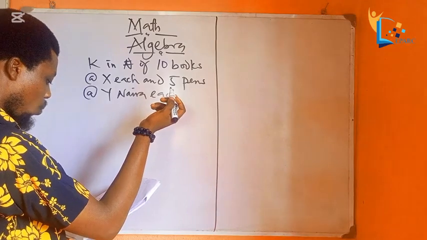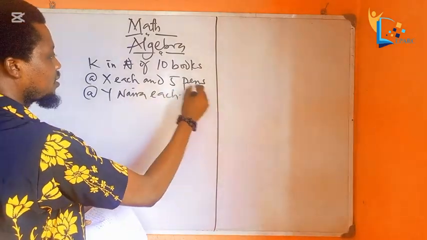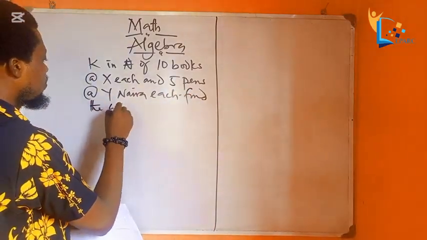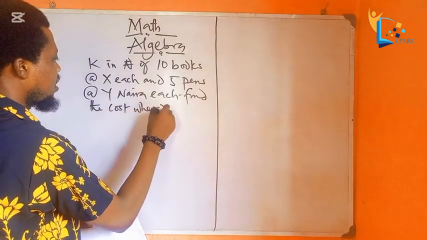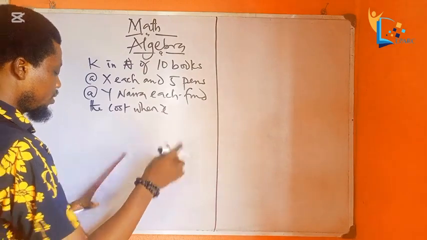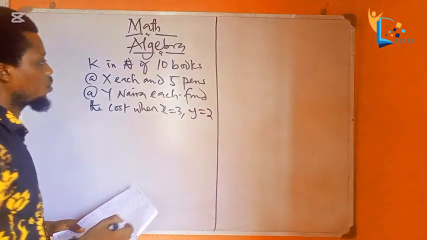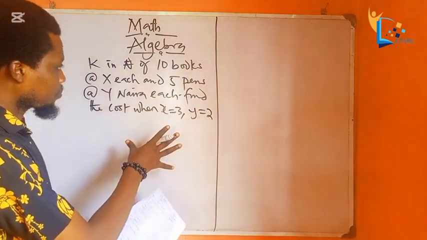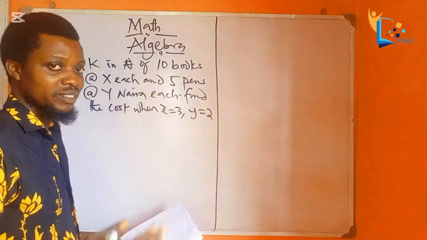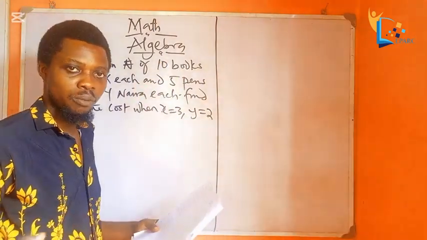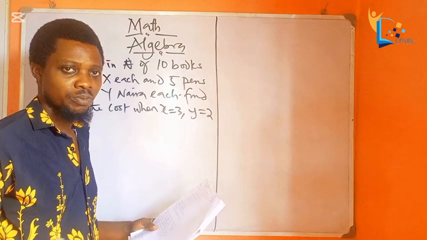Find the cost when X is equal to 3 and Y is equal to 2. Remember I said algebra is when we use numbers and letters to represent quantities.